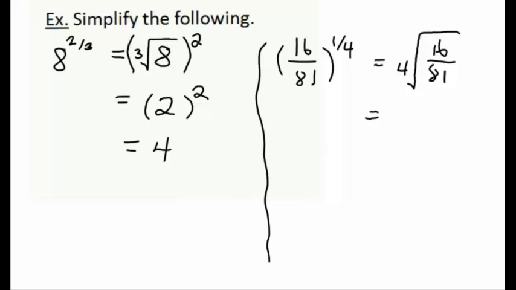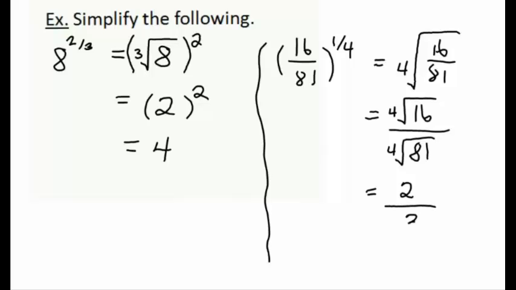Here we can use properties of nth roots. We can break this up into the fourth root of 16 divided by the fourth root of 81. The fourth root of 16 is 2, and the fourth root of 81 is 3.